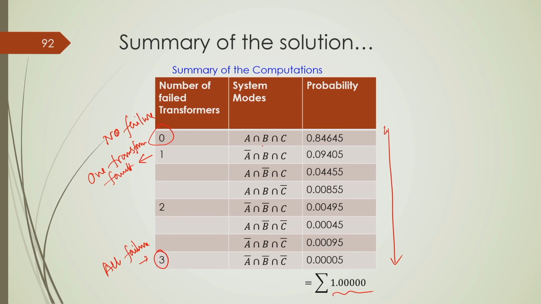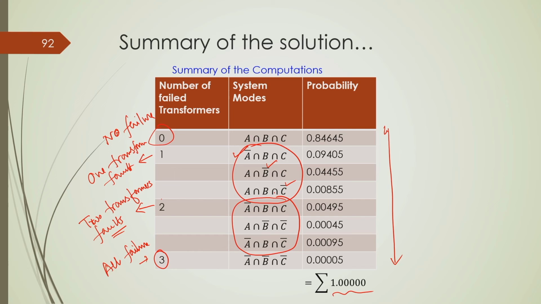So, this happens 3 times, that means when A failed, when B failed and when C failed, and this is another scenario where 2 transformers fault, 2 transformers faults will take place simultaneously, and there are 3 possible cases.